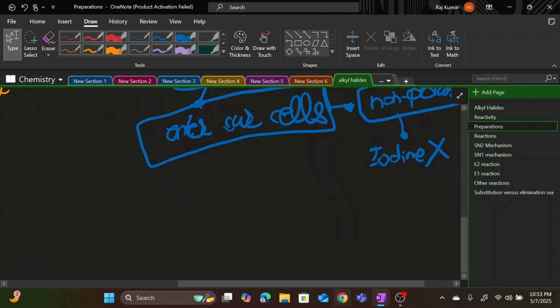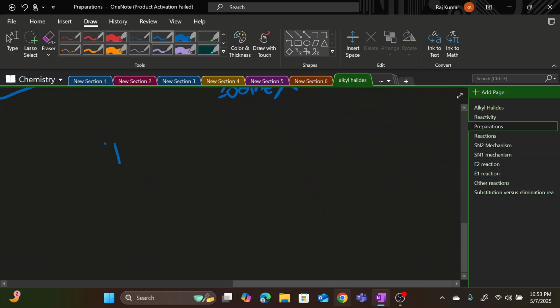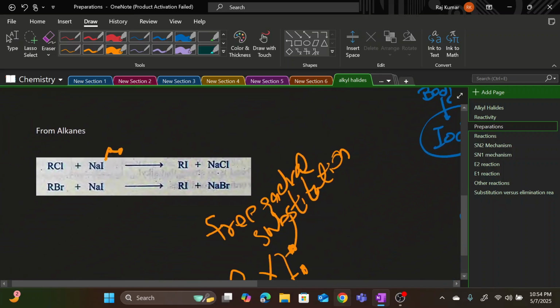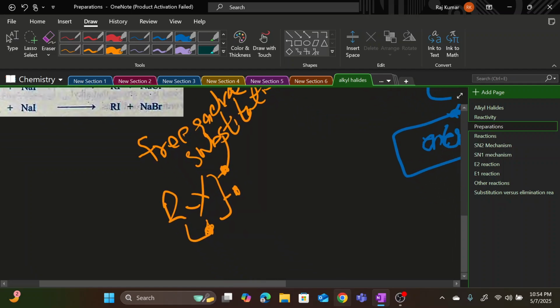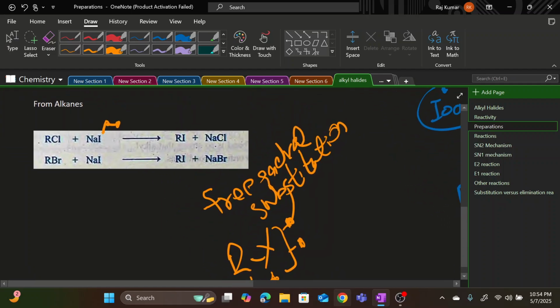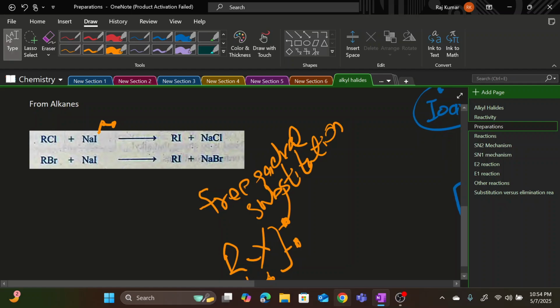So what we actually do is attach an alkyl chain to iodine in order to allow the alkyl iodide to get inside the cell and perform all the metabolic or growth functions in the body. That's the reason we need alkyl iodide on an industrial level for making iodized salts and other purposes.